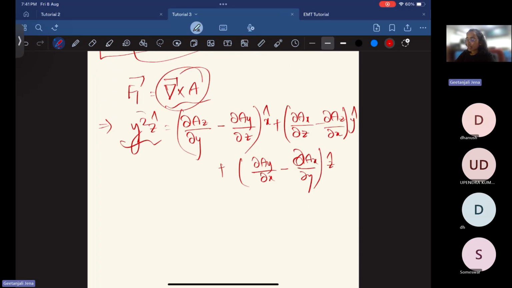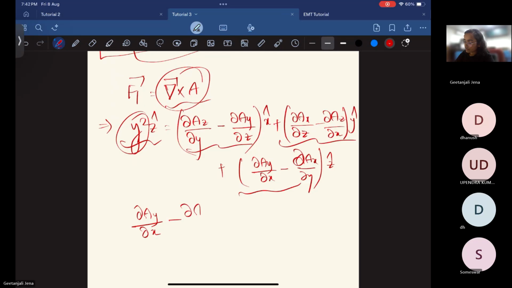On the right hand side, we have only z cap components. So that means this is 0, this is 0. Only this component will be a non-zero value, which is y square.